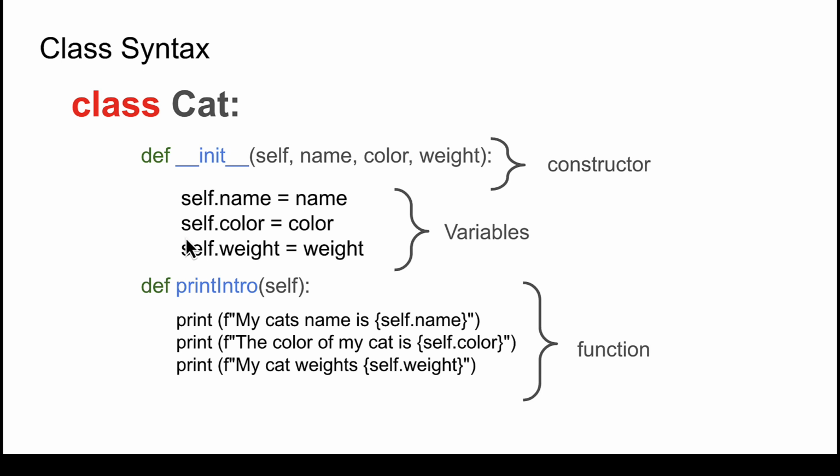It seems a little bit weird and redundant, but when we pass the variables in here, they're going to be assigned to self.name, color, and weight, because we could utilize this information inside this class to perform specific functions. So we want to print, my cat's name is, and you notice that this information is being referenced down below here.